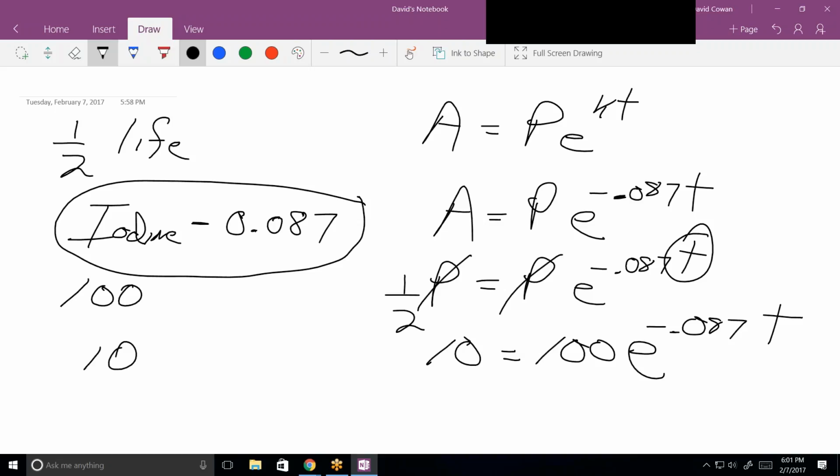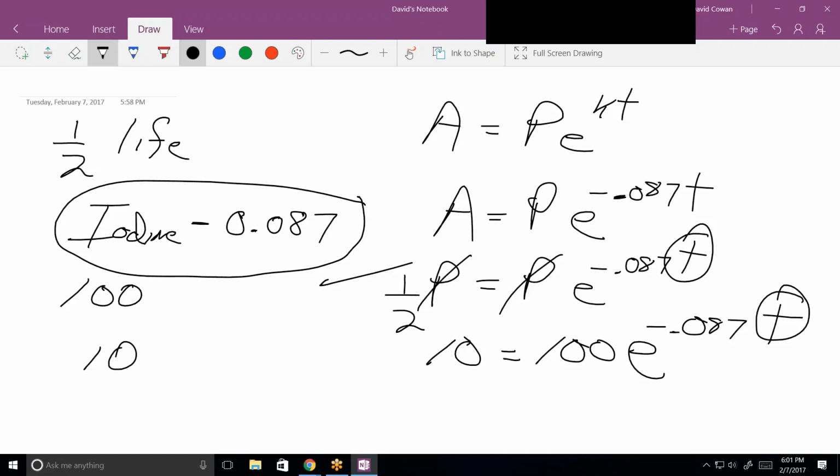Notice there's only one variable here. To solve both of these, you have to take the natural log of both sides, to solve for the half-life and to solve for the time it takes to go from 100 grams to 10 grams. If you solve for the half-life, it's telling you how many years it would take for that to split in half.